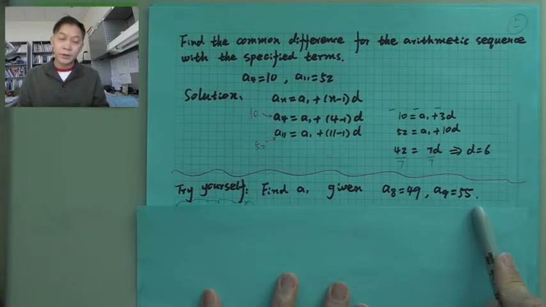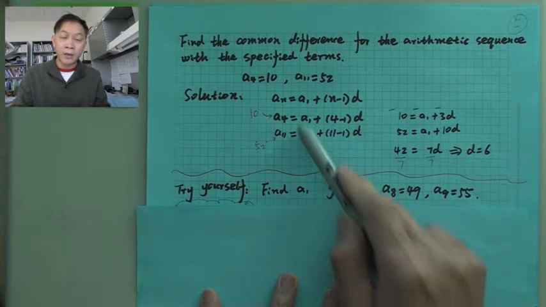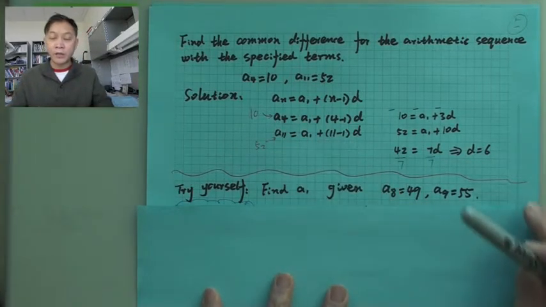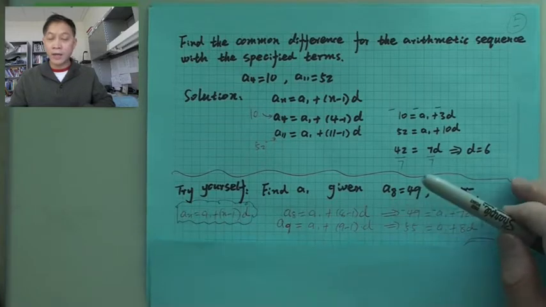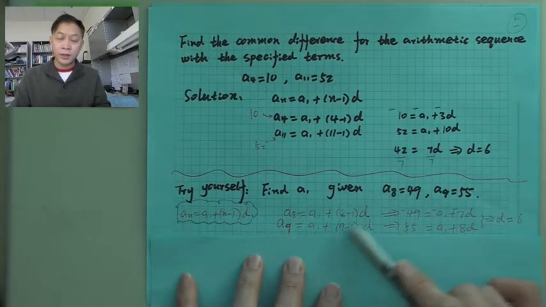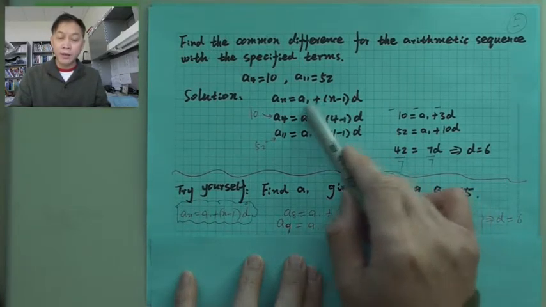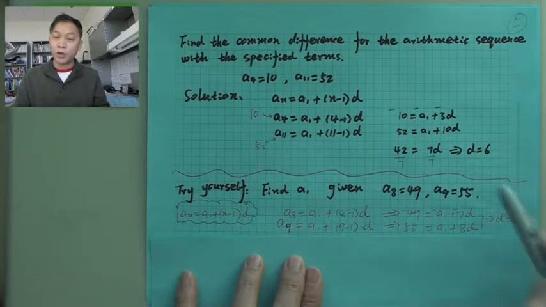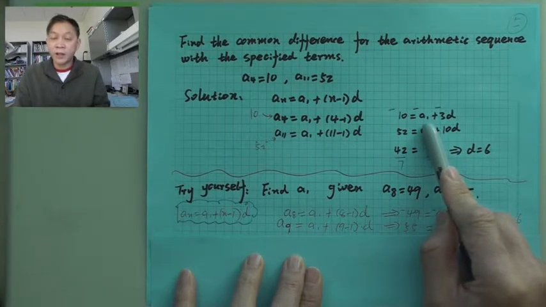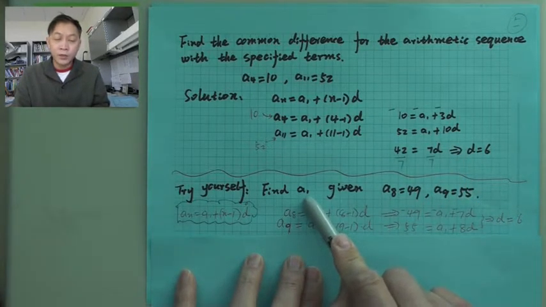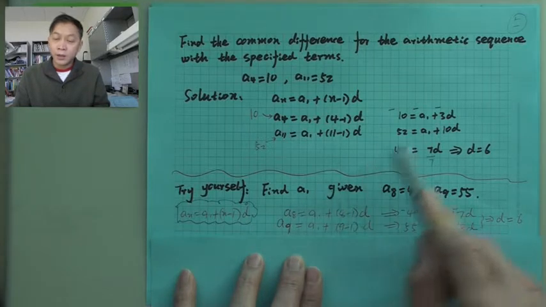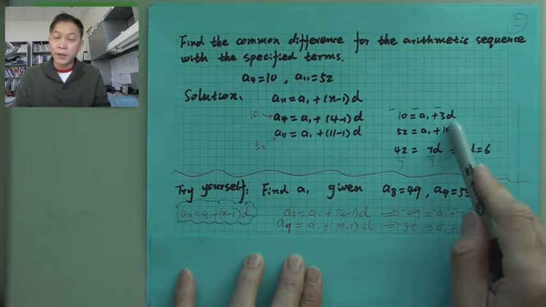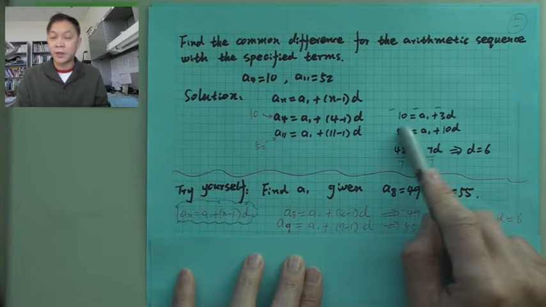Of course, you can solve this one the way I did, following the same pattern to find D first. And then, since you are asked to find A1, after you find D, you may go back to find A1.